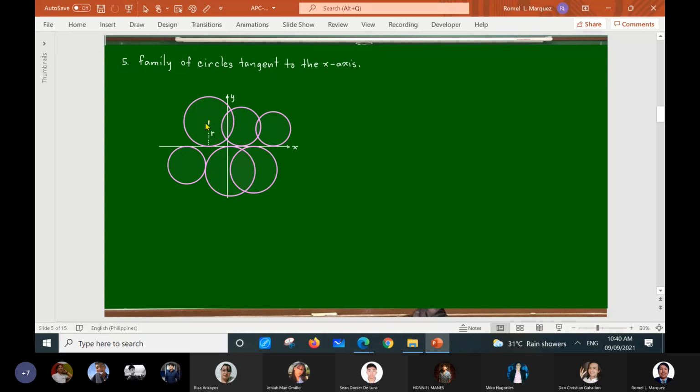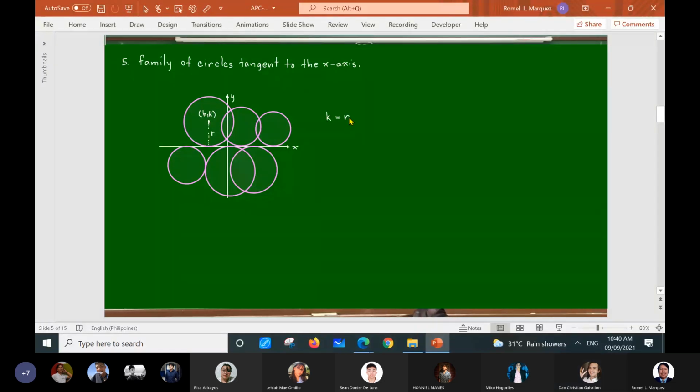Guys, am I correct? If this is (h, k), what can you say about the k, guys? Is it equal to the radius? Yes po, equal sa radius, sir. R, equal.